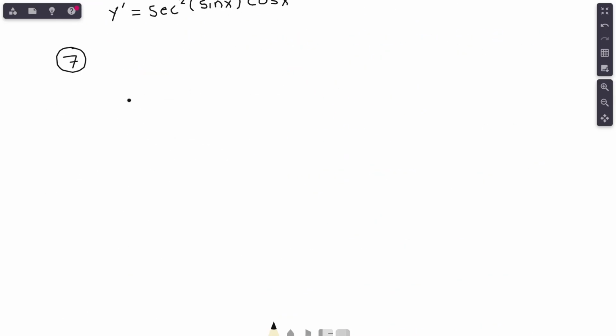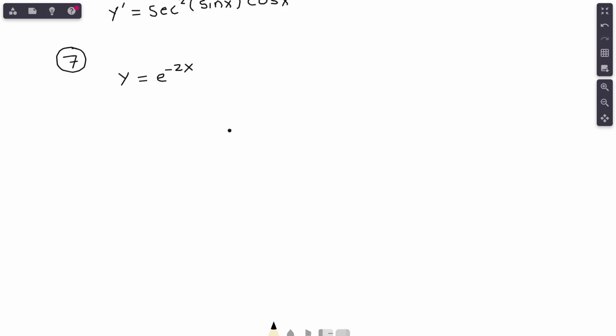So number 7, we're now moving on to some exponential problems, ones with e's. So we have y is equal to e to the negative 2x, and we want to find the derivative. So finding the derivative of e to the negative 2x or any exponentials is extremely simple, even with the chain rule.